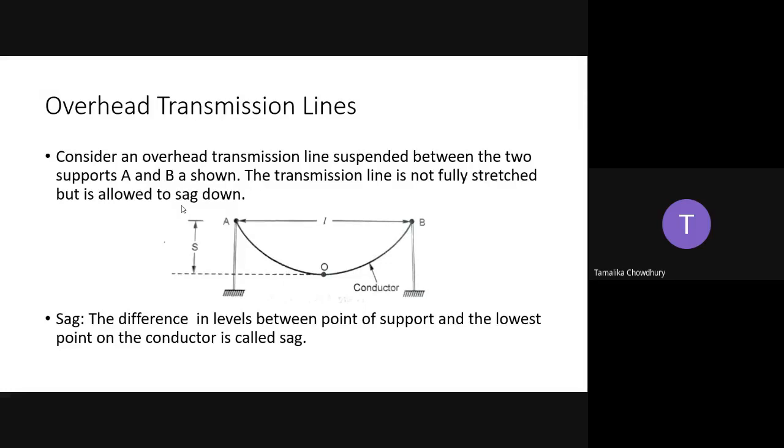Okay, starting with the sag part, I was talking about tension and compression. I hope you remember. Suppose a rope, you know, rassi, that example of a rope I am giving. If a rope is suspended, hanging between two points, it will have a tendency to sag down.